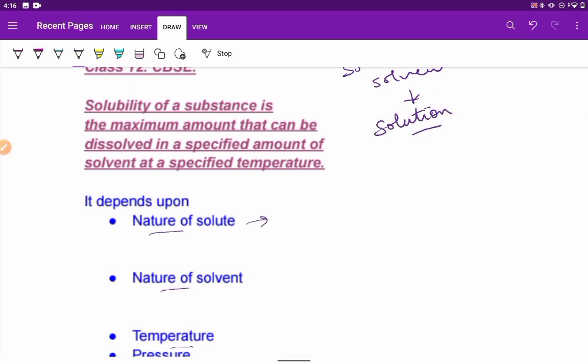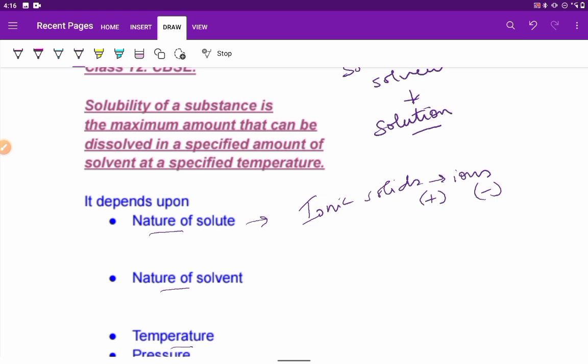In nature of solute we find that ionic solids are made up of positively and negatively charged ions. So in the ionic solids there are ions. They may be positively charged and some are negatively charged, both. Cations and anions both are there.